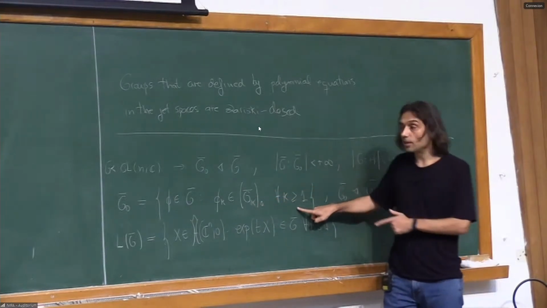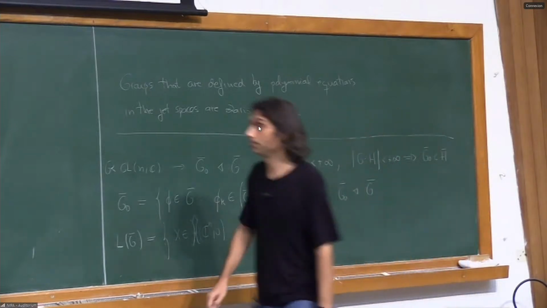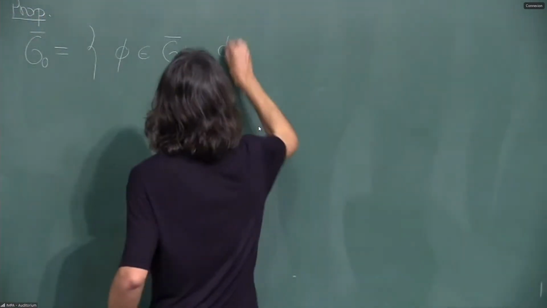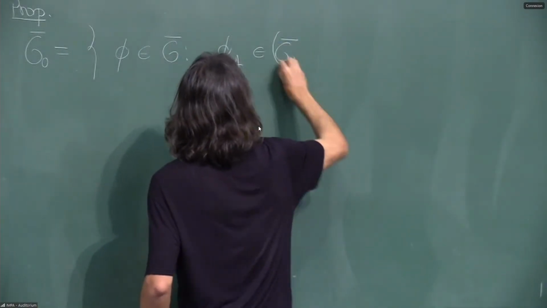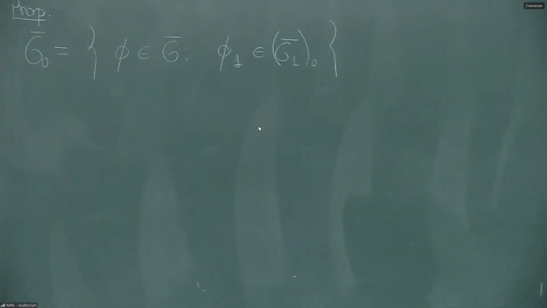There are infinitely many conditions. It suffices to consider the condition for K equal to 1. This is a result, it's not a proposition. So in particular, whether or not a group has a connected Zariski closure depends just on the linear part.